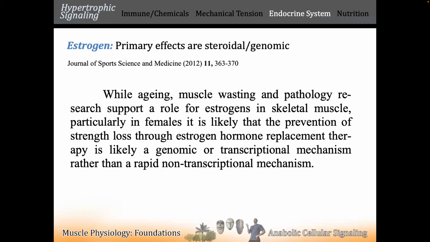Getting into estrogen specifically, age-related losses of estrogen associate with age-related losses of muscle mass. So estrogen appears to preserve skeletal muscle through its primary steroidal genomic effects, through transcriptional roles.